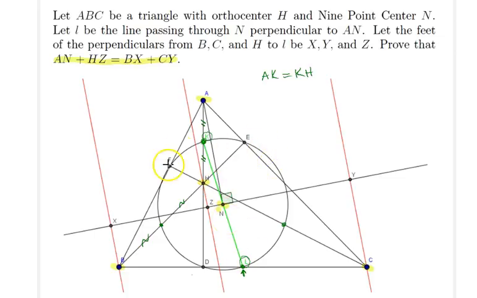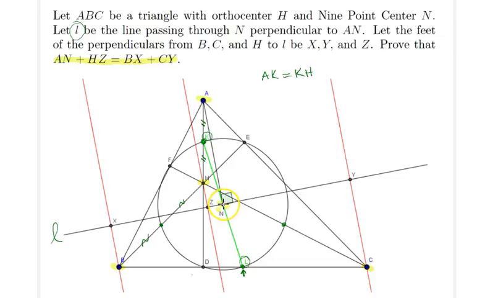So now I did go ahead and draw the 9-point circle here, and moreover we have the line mentioned in the question, line L. On that line we further mark 3 other points. First of all, line L is defined to be perpendicular to the line segment AN. All we did is draw the line segment AN.